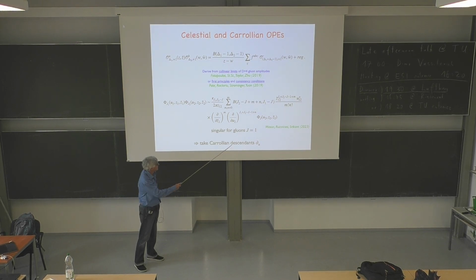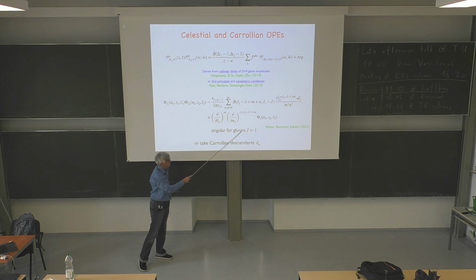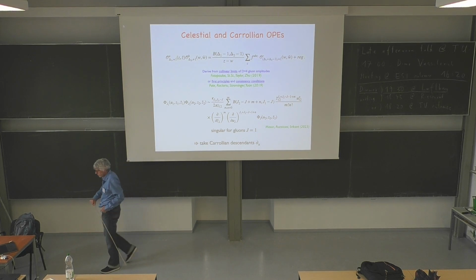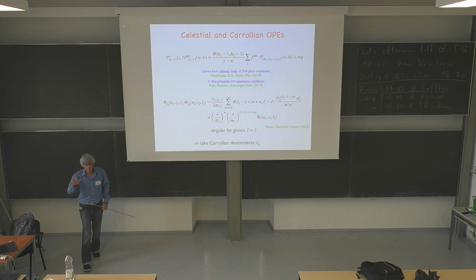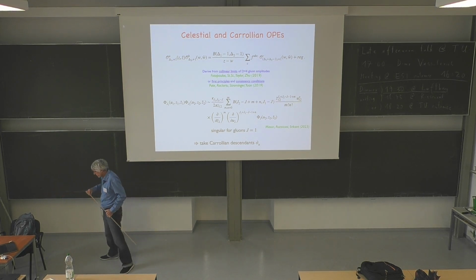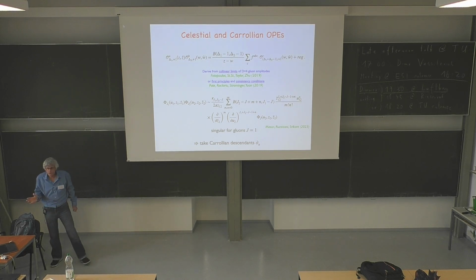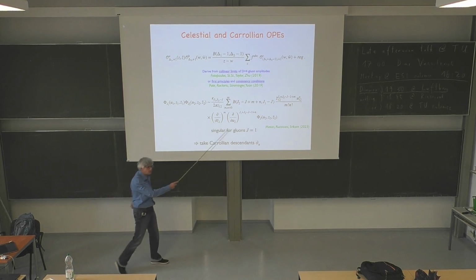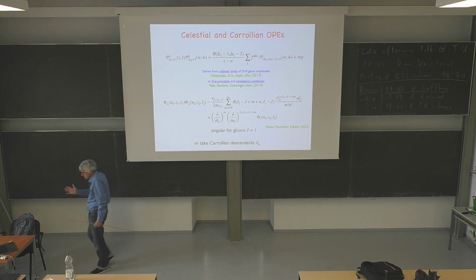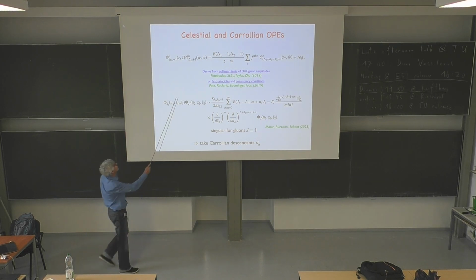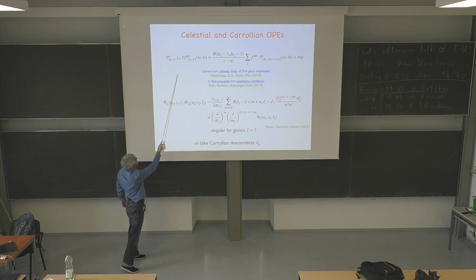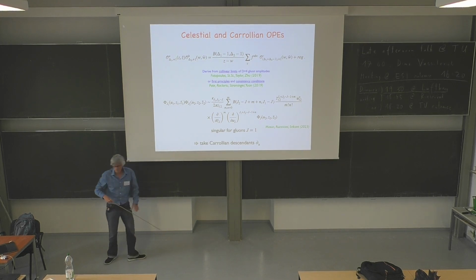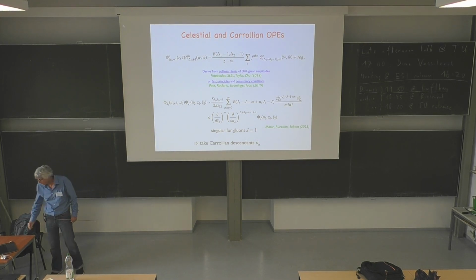You can take a Carrollian descendant, so you take a U derivative and then you reshuffle the indices here, and then you get something finite. I don't want to say more about this because Romain will give a talk next week on this beautiful paper. I just wanted to confront these celestial OPEs with these Carrollian OPEs.